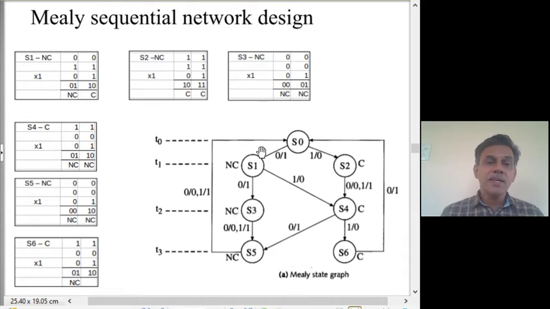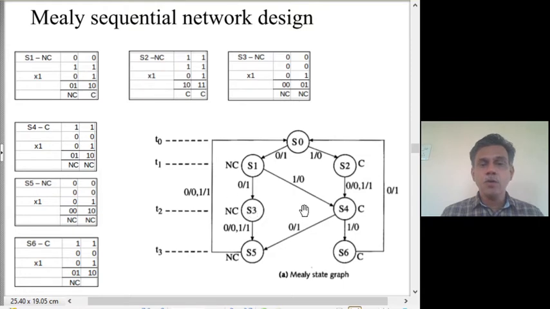Well, now in S1, if the input bit is 1, then the sum is 0, carry is 1. That is, Z1 will be 0. So on getting 1, we have to produce 0 as the output and go to a state where there is a carry.